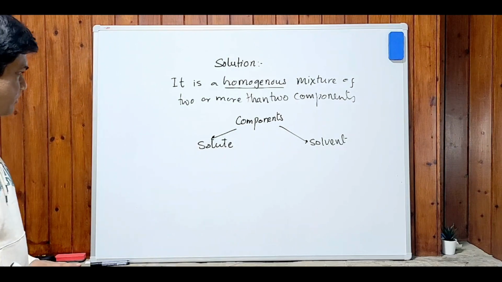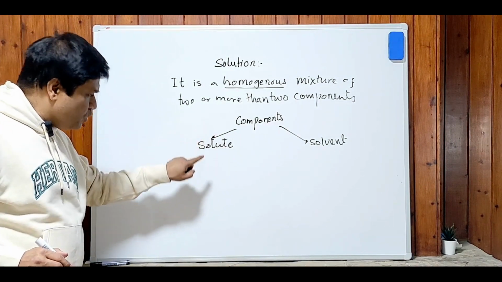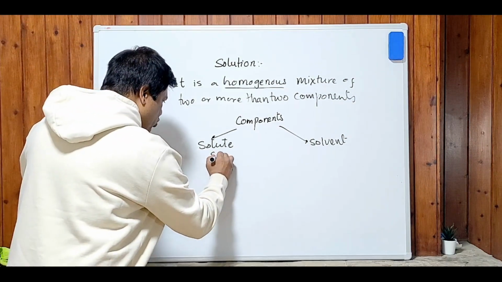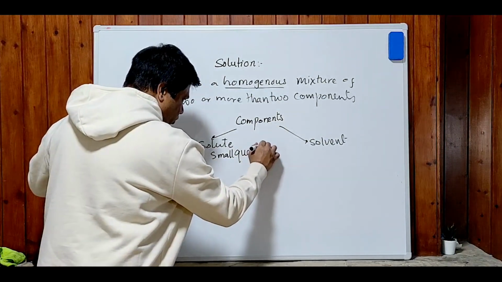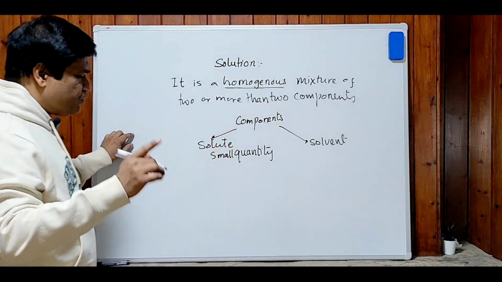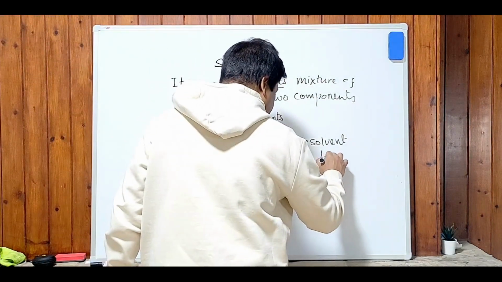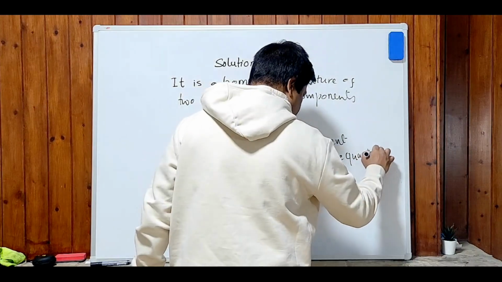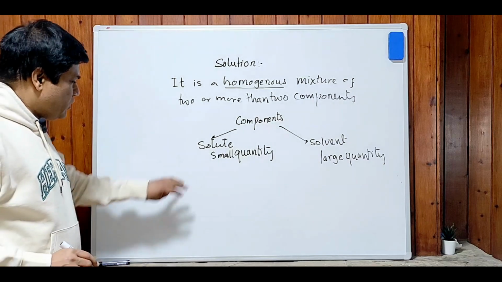That's not the case. Solute is one which we use in a small quantity, always in a small quantity. And solvent is one which we use in a large quantity.